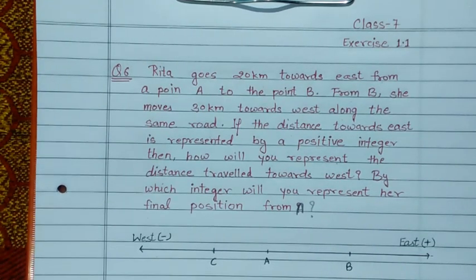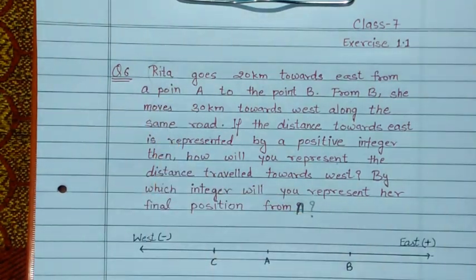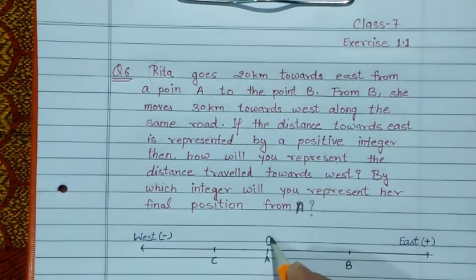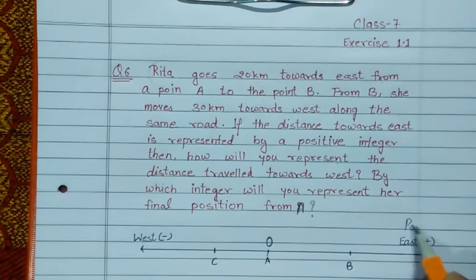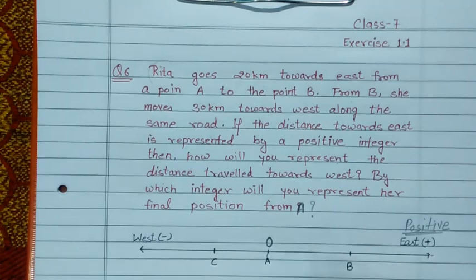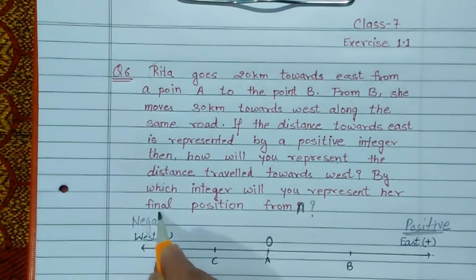Okay students, in this case, suppose the initial position of Rita, which we have marked here as A, represents the integer 0. Towards the east direction it will be represented by a positive integer, as mentioned in the question. So when the east direction is represented by a positive integer, the west direction will be represented by a negative integer.